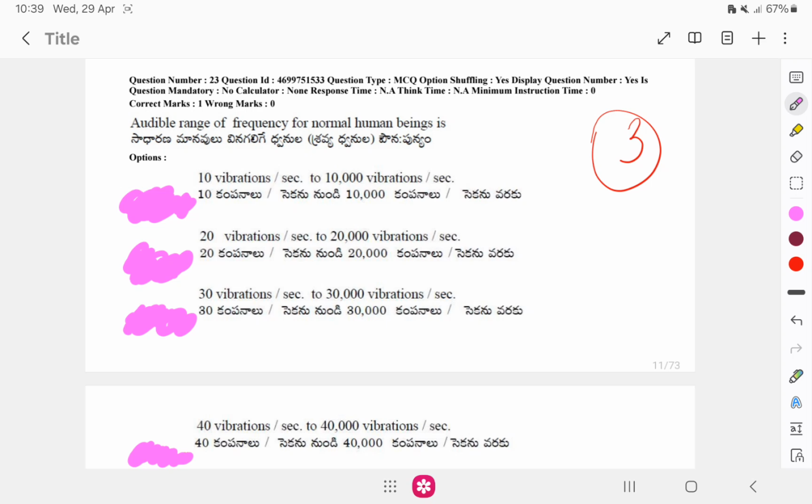Third question. Audible range of frequency for normal human beings is. See the options friends. I'm giving you 5 seconds friends.